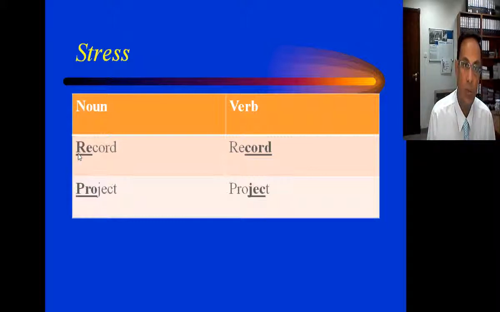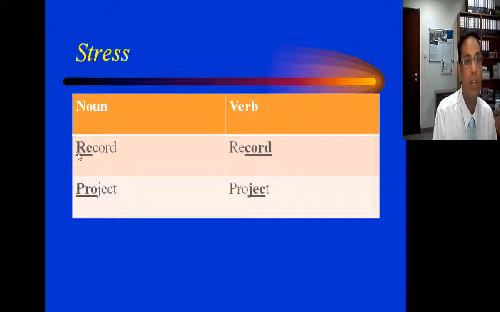The next example, project, but it is project if it is a verb. So here, morphemes undergo a process of stress change. Stress changes in the morpheme if the category of the word changes from a noun to a verb or from a verb to a noun.